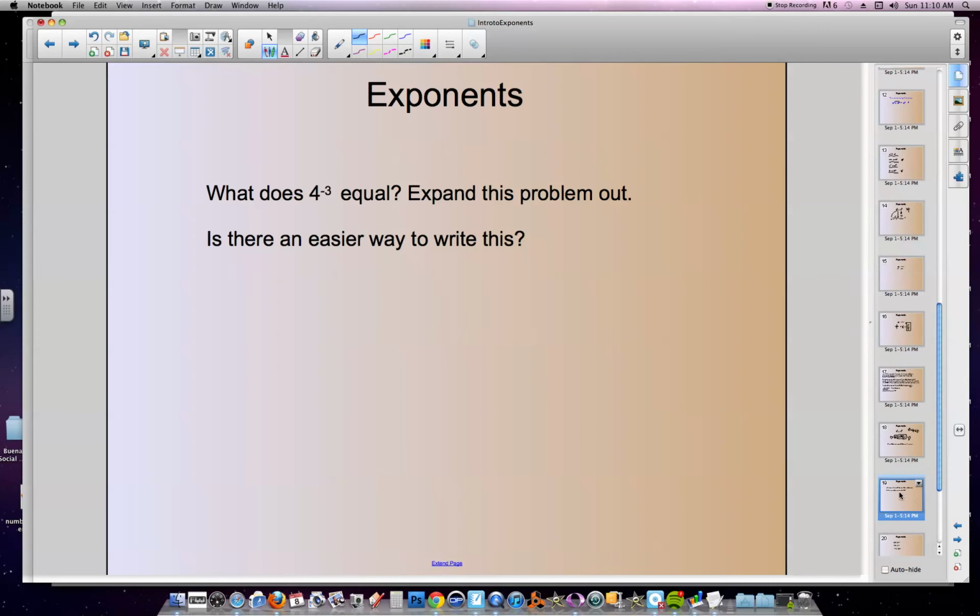So what does this equal? 4 to the negative 3. And I want to point something out, and this is going to simplify working with negative exponents. We saw just a second ago, this must mean 1 over 4 times itself 3 times, right? So I have 1 over 4 times 1 over 4 times 1 over 4, right? And the question is, is there an easier way to write this? I'm multiplying this by itself over and over again, and exponents are supposed to simplify that.